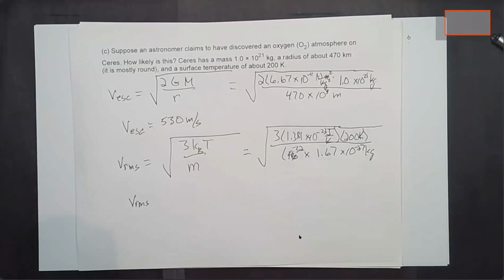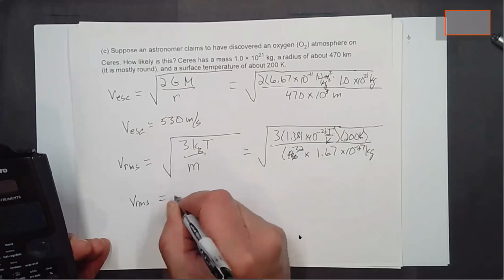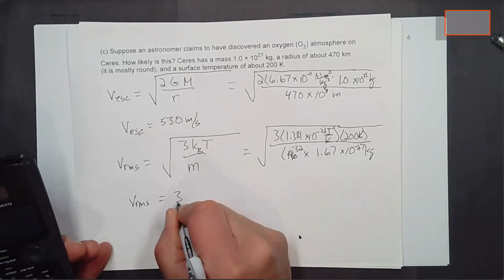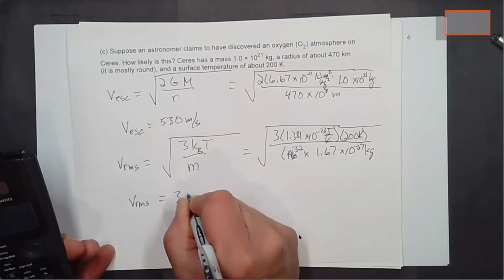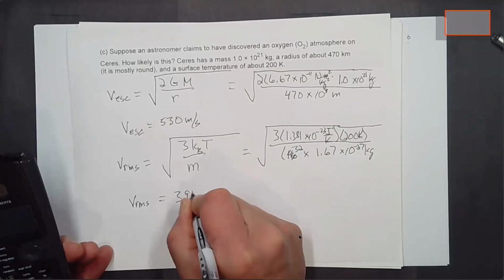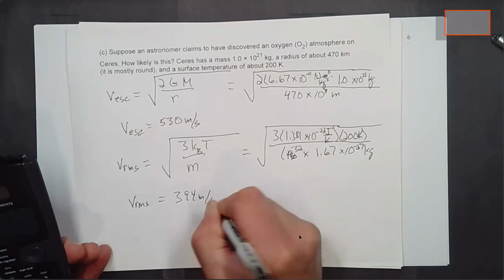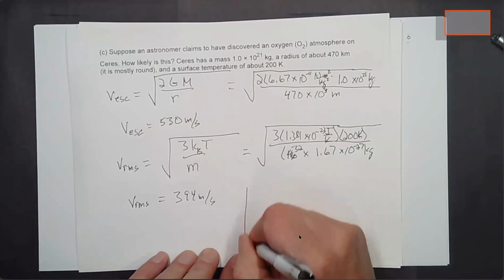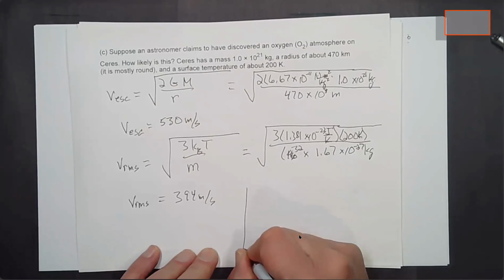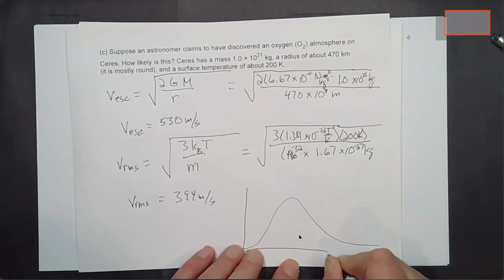There we go. Okay. Yeah, because there's 16 protons and 16 neutrons. Okay, that's better. I get about 394 meters per second.